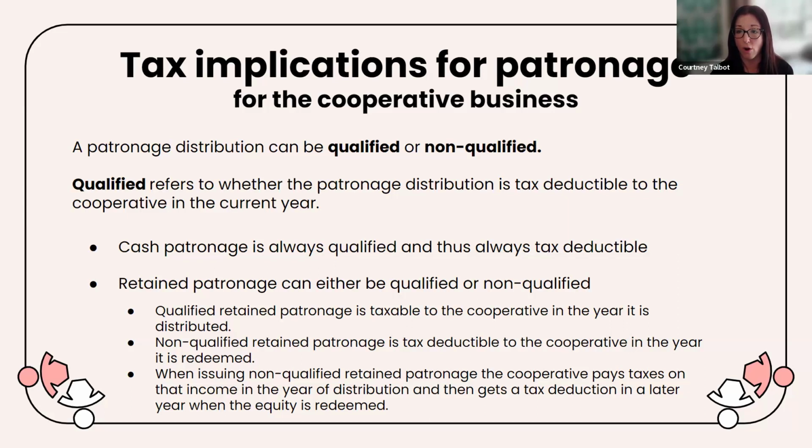Again, qualified or non-qualified. We'll get into that in just a minute too. So when a cooperative issues non-qualified retained patronage, they pay taxes on that income in the year of the distribution, so on the income part, then they get a deduction when the equity is redeemed. Again, this can be complicated and confusing. These are just basics of tax implications. Please refer to a CPA for specifics.